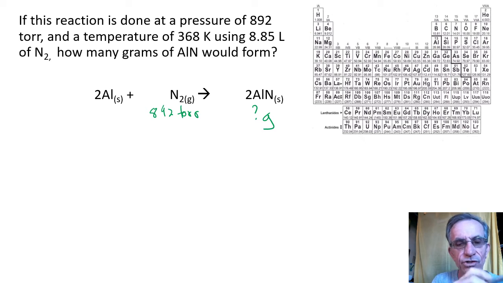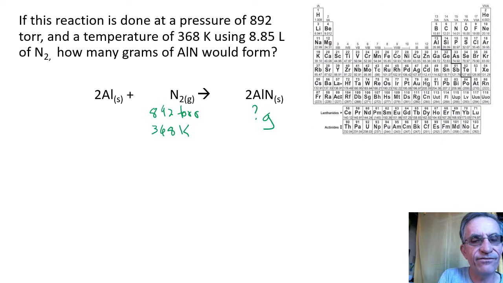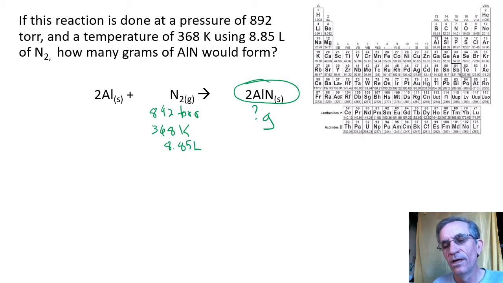And a temperature of 368 Kelvin using 8.85 liters of nitrogen. How many grams of this stuff are we going to make? All right, so yeah, this is definitely a stoichiometry problem. They tell me a lot of stuff about nitrogen. They want me to figure out how many grams of AlN I would form.